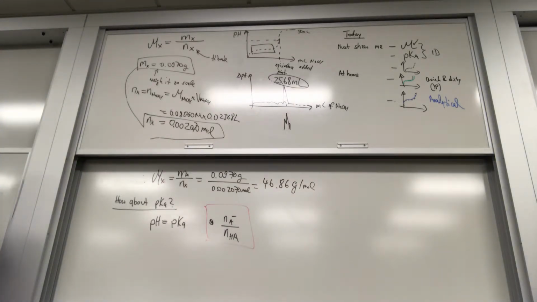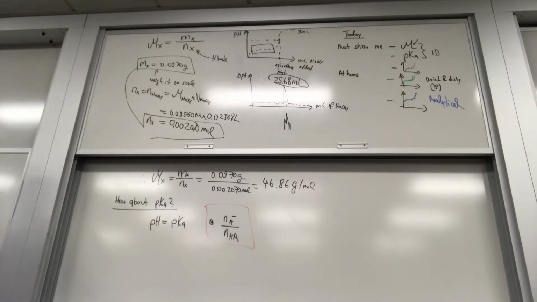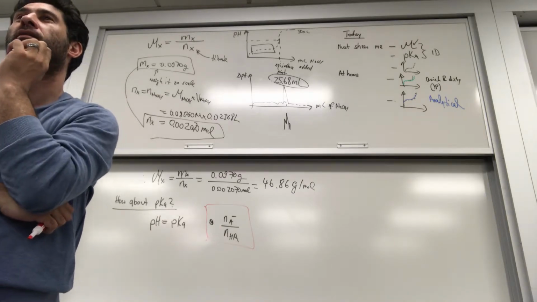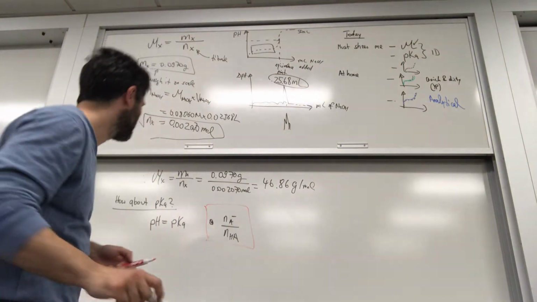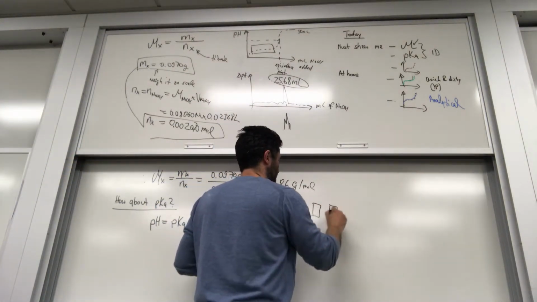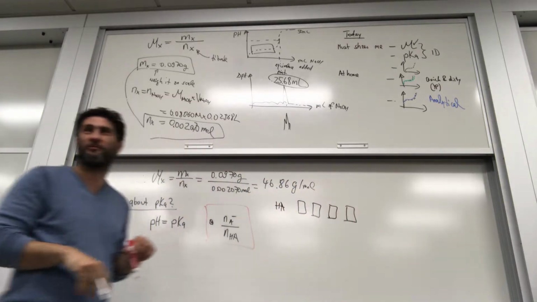No. Equivalence point is when the moles of NaOH is equal to the moles of acid. Do I need to draw squares? Please do. That's HA, okay?